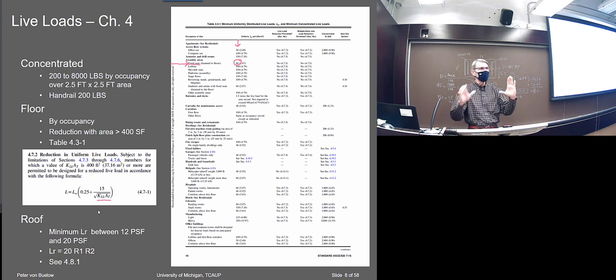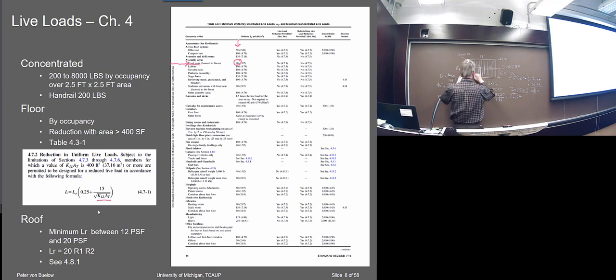Influence area means the area that would contribute load to the member. It's not the tributary area. For this beam that we were working, the tributary area of the floor would have just been half of it.